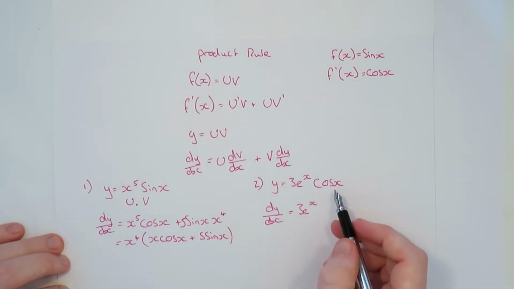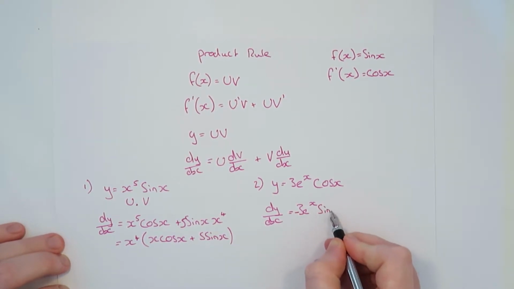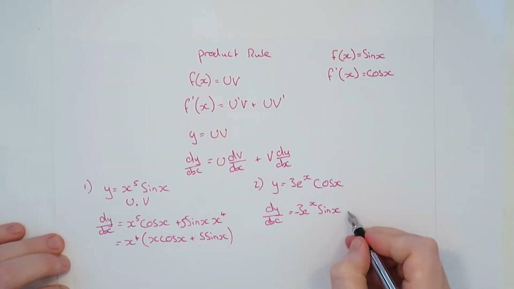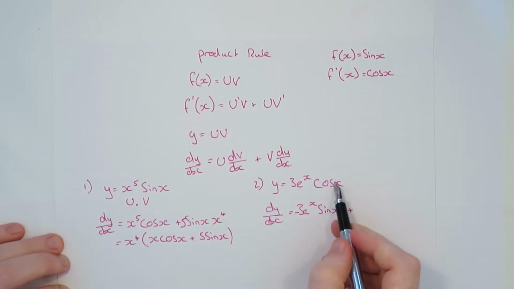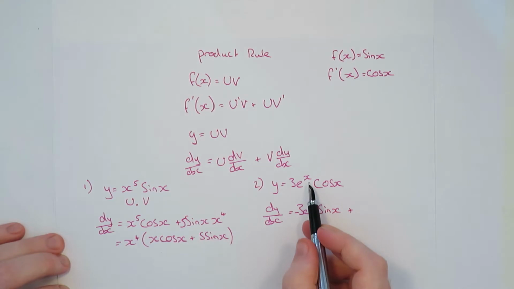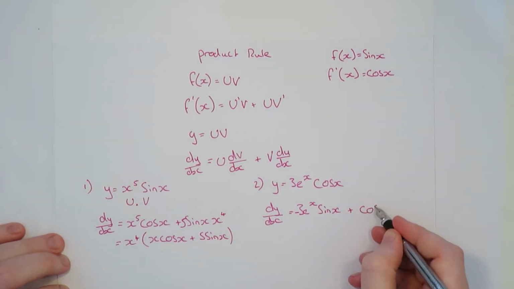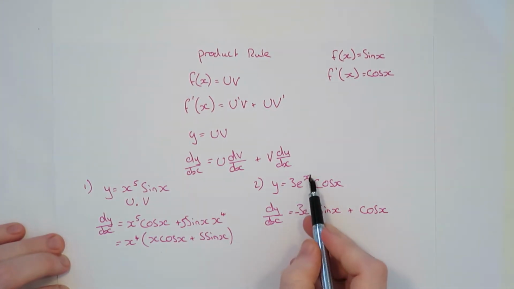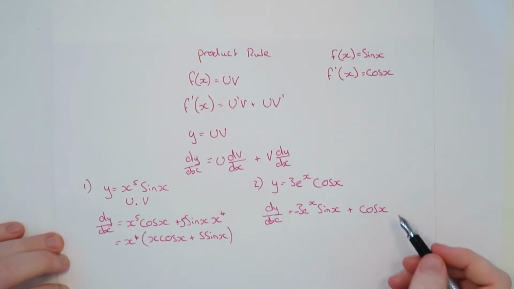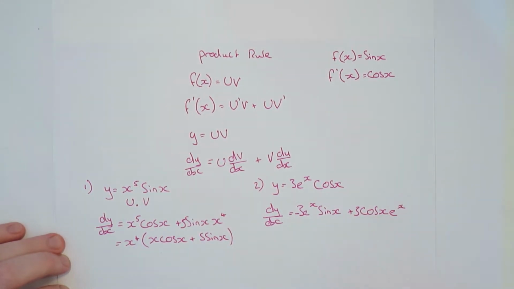Now the derivative of cosine of x is negative sine x. And then we add on to that, this is the v du part, so v is simply cosine of x, and then the derivative of 3e to the x, well, that's the same thing, it's 3e to the x. And there we go. So that's that question.